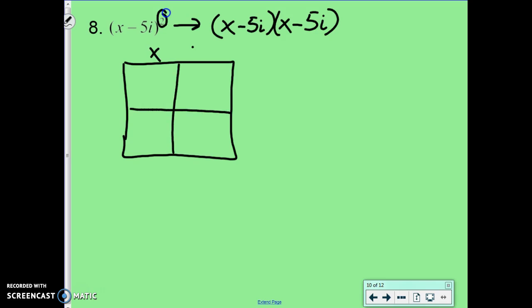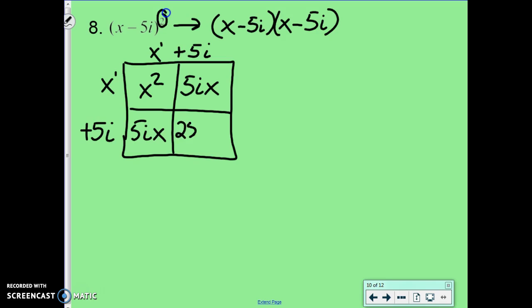And I get x, 5i, plus 5i, x plus 5i. The exponents are 1, so I get x squared. x times 5i is 5ix. 5i times x is 5ix. And then 5 times 5 is 25. i times i is i squared. And that's what I'm going to get here.